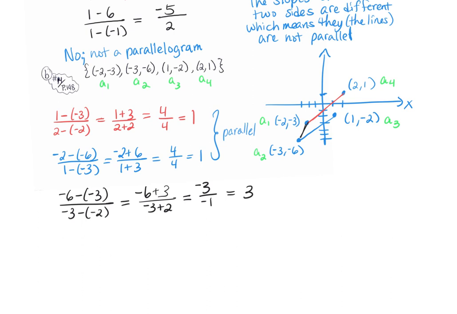Okay, then we check A3 and A4: 1 minus -2 over 2 minus 1, to get 1 plus 2 over 1, which is 3 over 1, the same thing as 3.